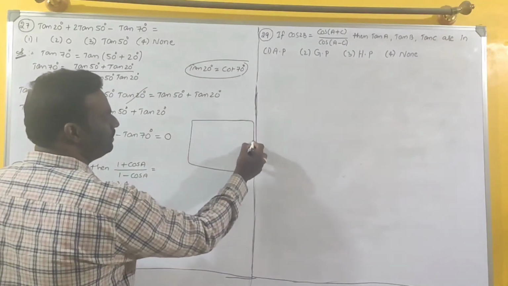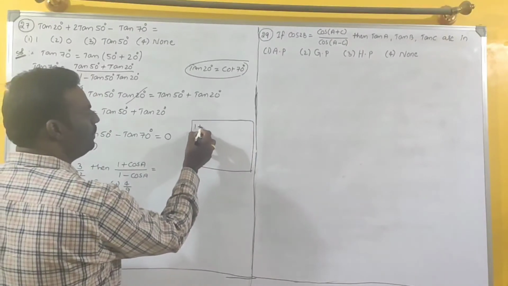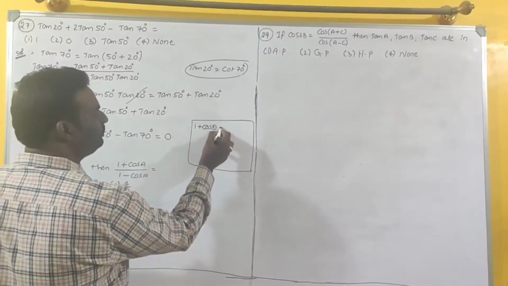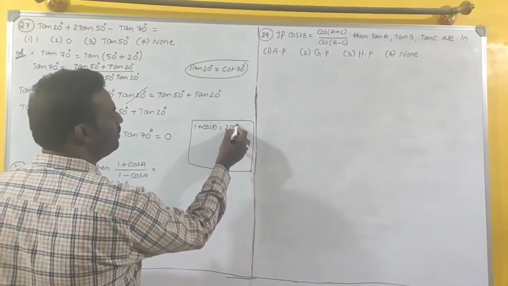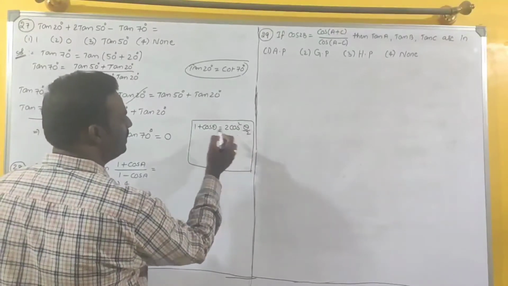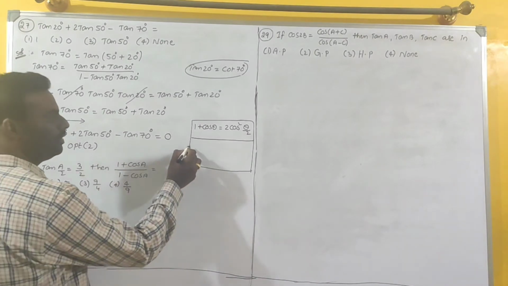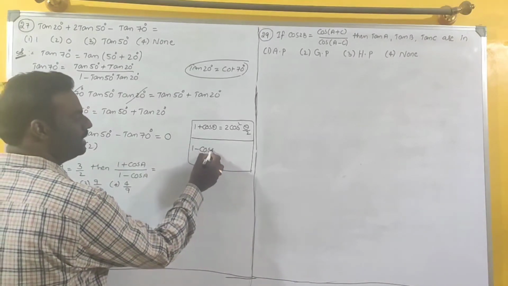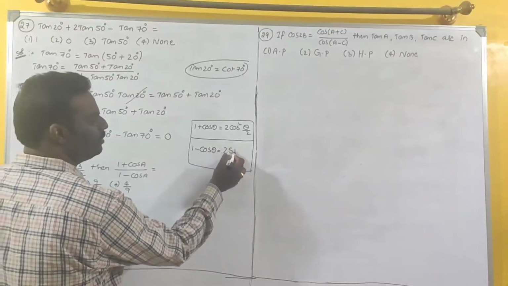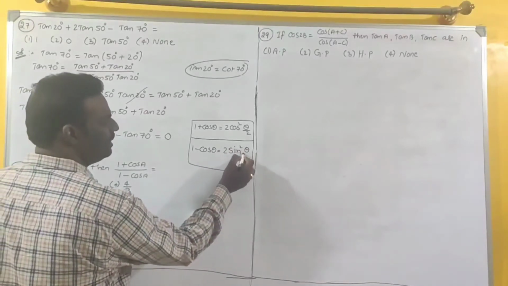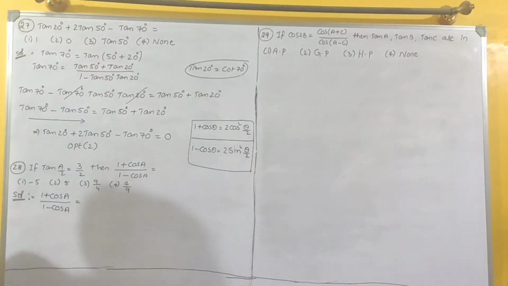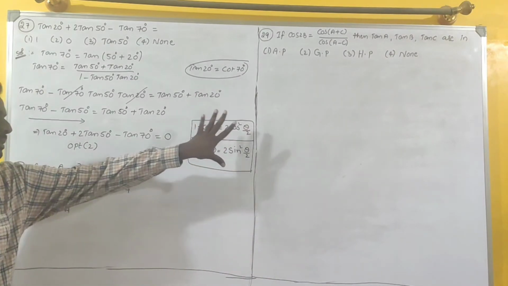In PU you will get 1 plus cos theta can be written as 2 cos square theta by 2. Second, 1 minus cos theta can be written as 2 sin square theta by 2. In PU we already know these two formulas. I am applying these two formulas here.